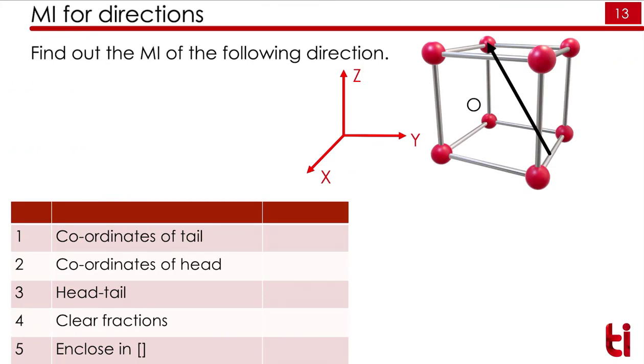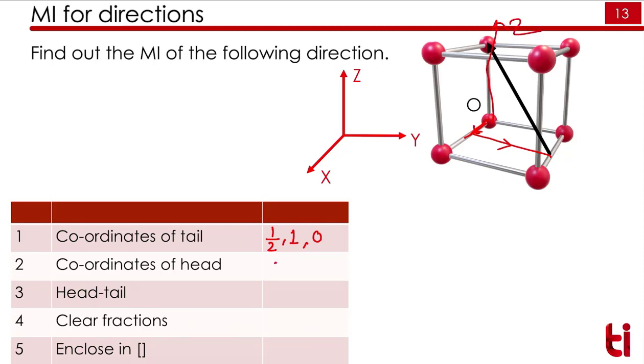Third example. In the third example, we have to find out the coordinates of head and tail. For the coordinates of the tail, half unit distance along x, 1 unit distance along y, 0 unit distance along z. For the coordinates of the head, I don't have to travel along the x-axis, I don't have to travel along the y-axis, I have to just travel along the z-axis 1 unit distance.